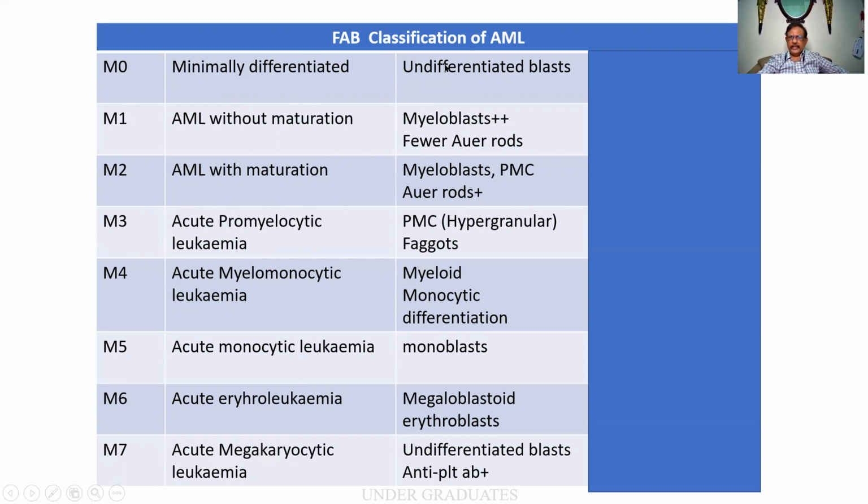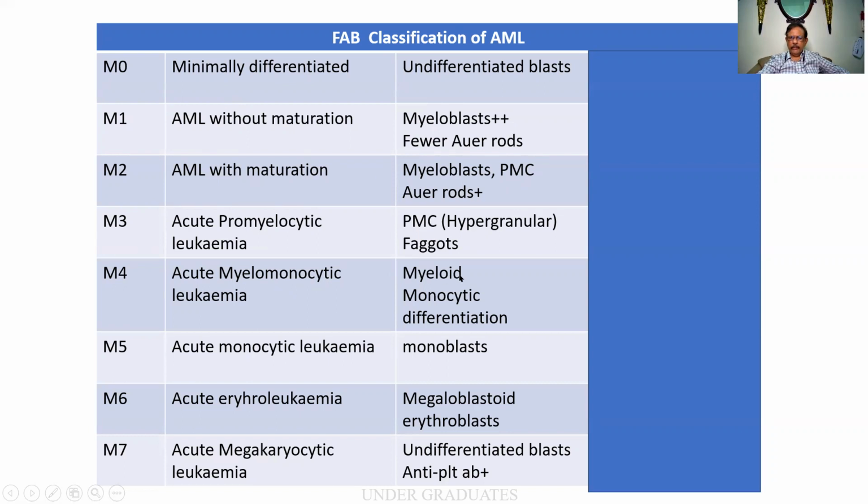In minimally differentiated, we find undifferentiated blasts. AML without maturation, a lot of myeloblasts can be there, and Auer rods are fewer in number. AML with maturation, myeloblasts will be there. Since it is maturation, I'll be able to see the promyelocytes. Auer rods are present. Acute promyelocytic leukemia, APML, which can be hypergranular. We have got faggots, which means bundles of Auer rods.